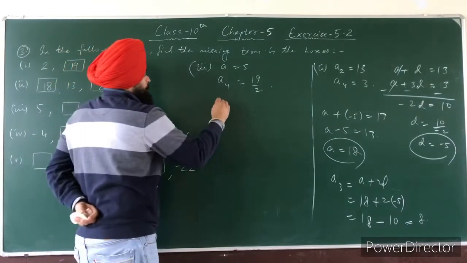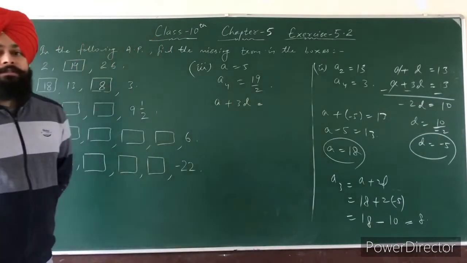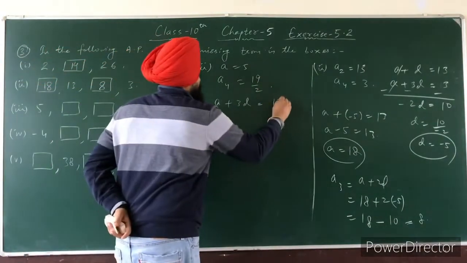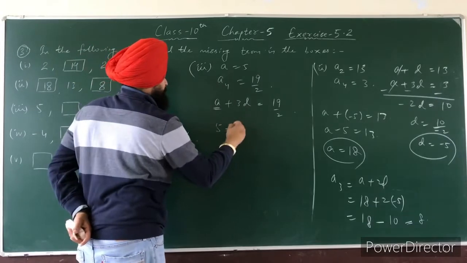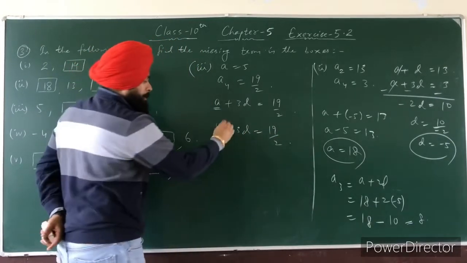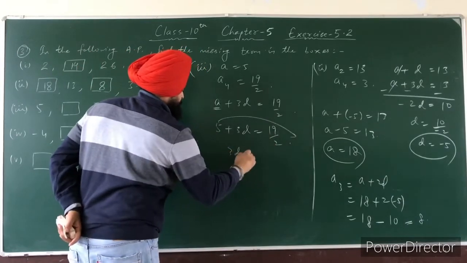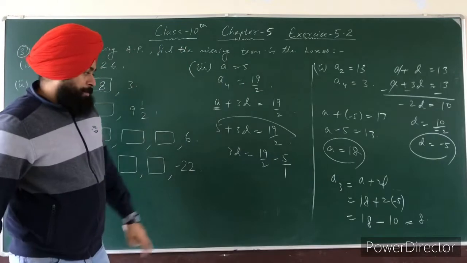So we know that the formula for a4 is a plus 3d. So it is 19 over 2. Now what is a? a is here 5. So 5 plus 3d is equal to 19 over 2. Now take this 5 to the other side.